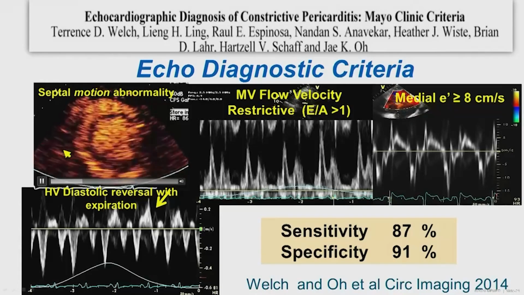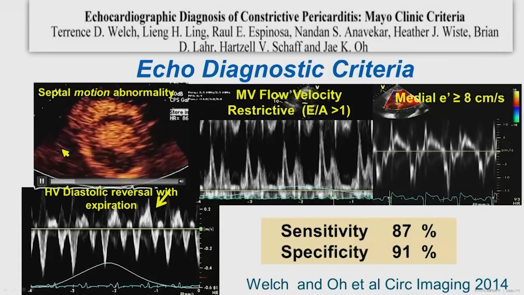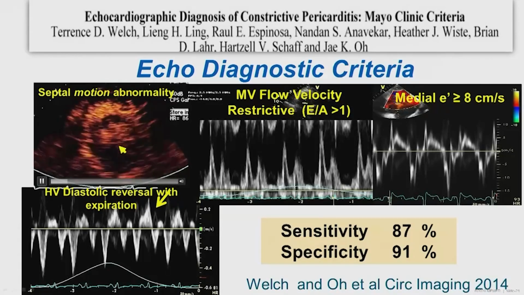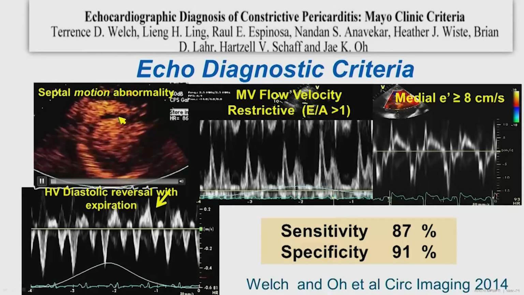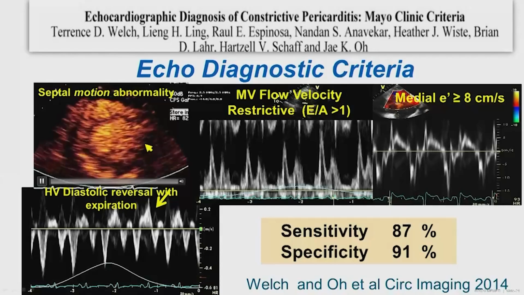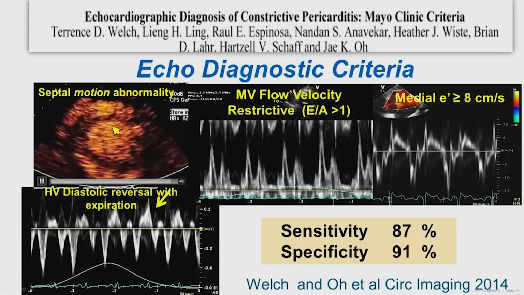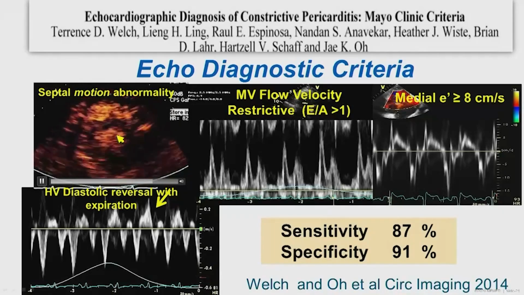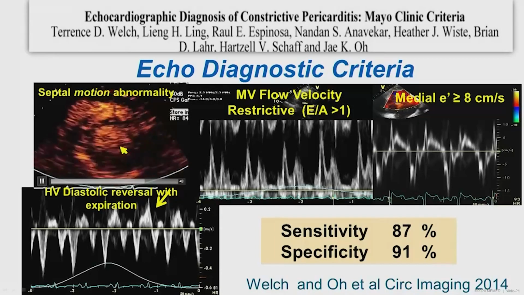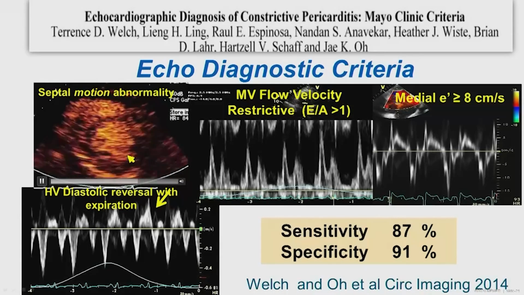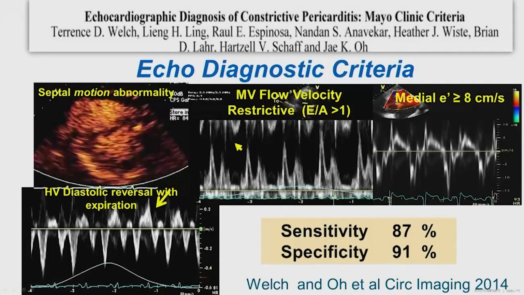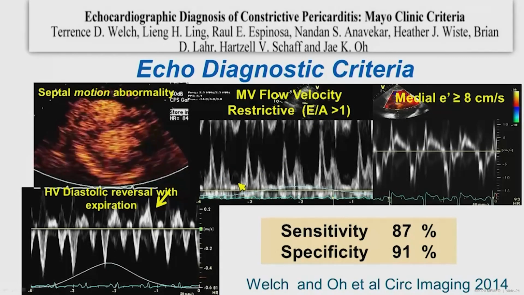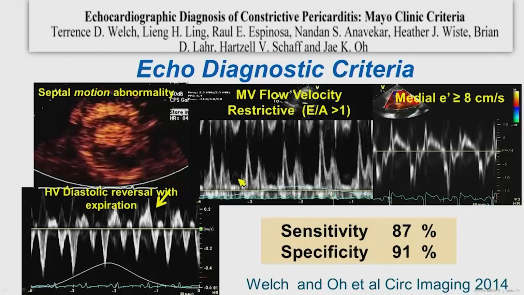It's because of the interventricular dependence, more filling to the left with expiration, then less filling to the right, and vice versa with inspiration. And you're going to see the septal motion change to the left with inspiration, to the right with expiration, as you see.